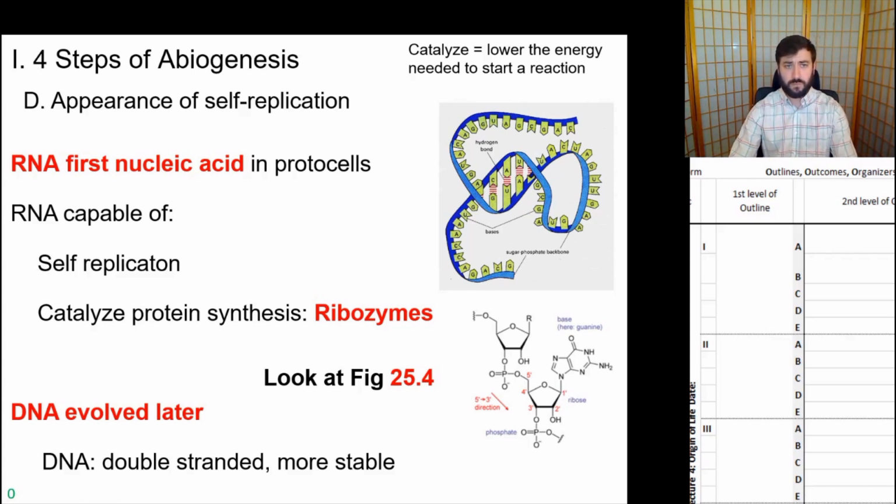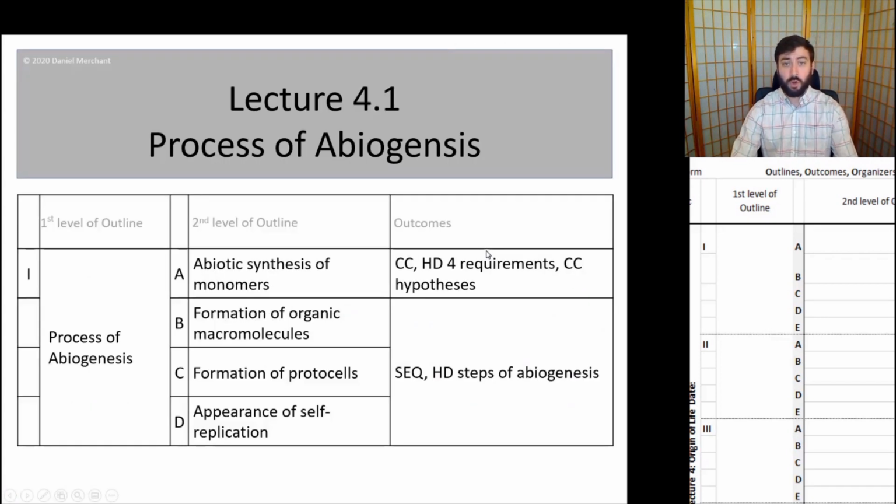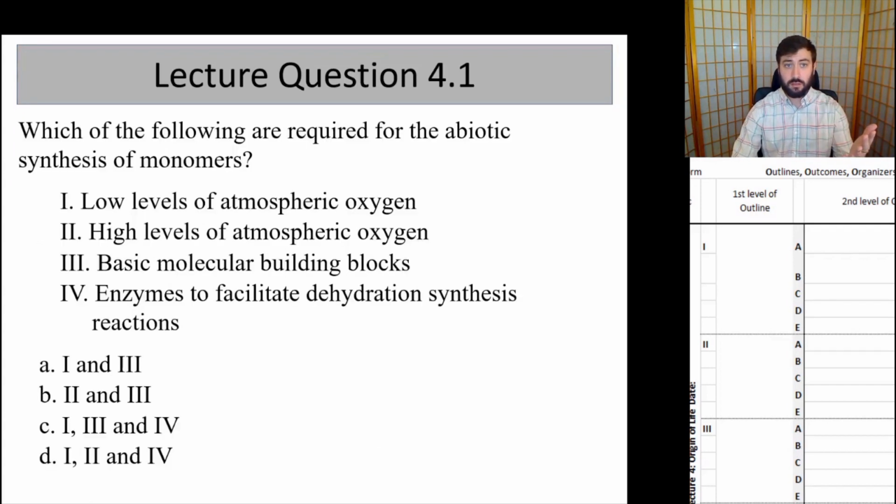Cool. So that's it for lecture 4.1. We're going to move on now to lecture 4.2. But before that, let's take a look at a lecture question. Which of the following are required for the abiotic synthesis of monomers?